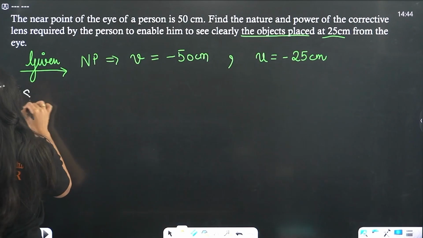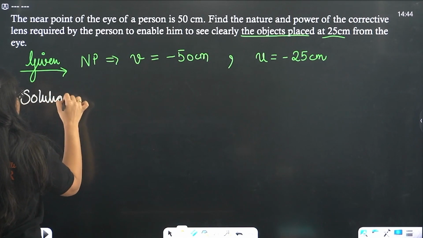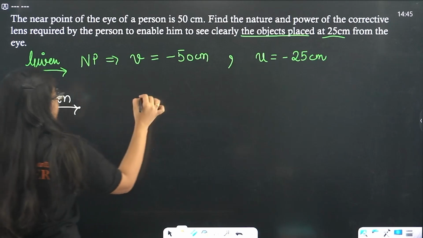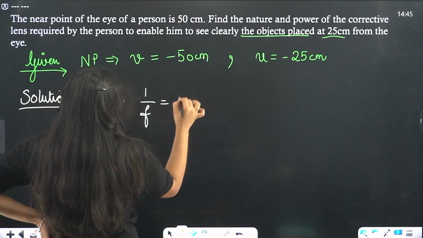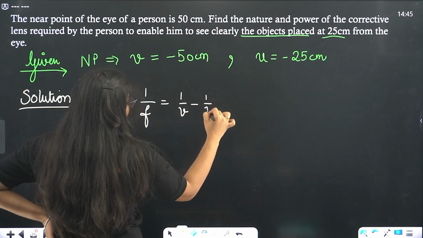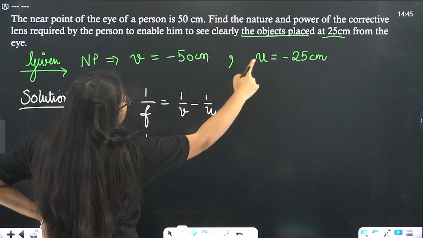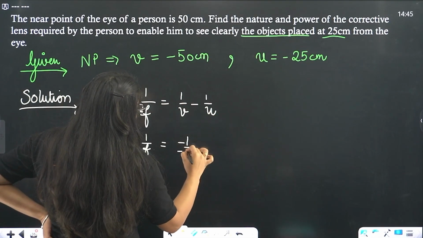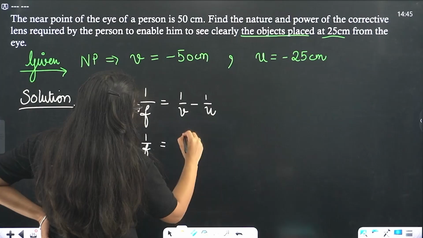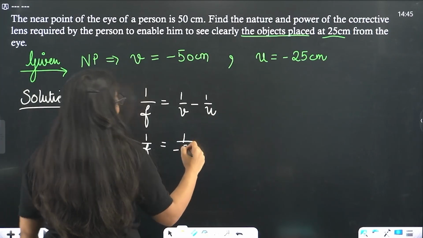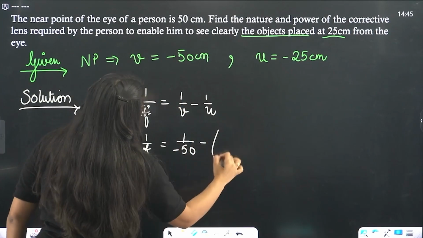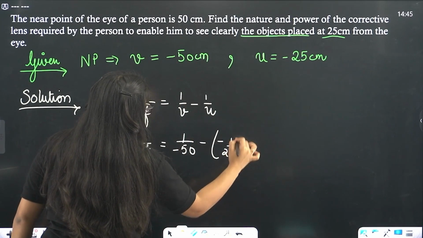Okay, our solution. By using the lens formula, we have 1 by f equals 1 by v minus 1 by u. 1 by f I have to find. 1 by v is 1 by minus 50, minus of 1 by minus 25.